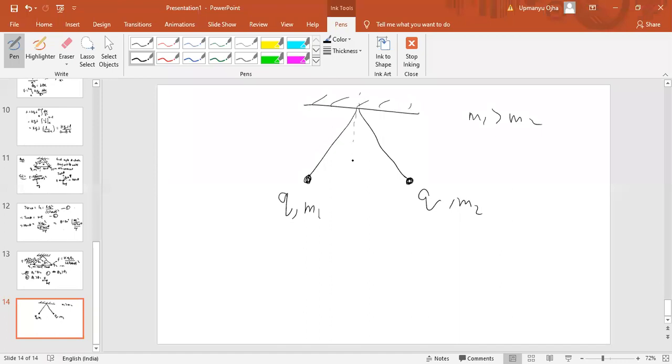The left hand side bob makes an angle theta 1 from the vertical, and the right hand side makes an angle theta 2.